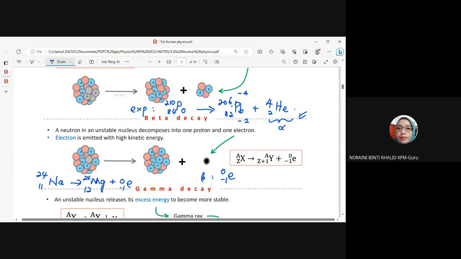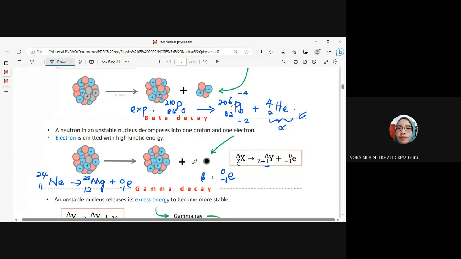We look at the nuclear number, no change, but you can see the proton number increased by 1 for the new element. That's why here the new element has the same nuclear number, and the proton number increased by 1, and then this one is 1 beta.